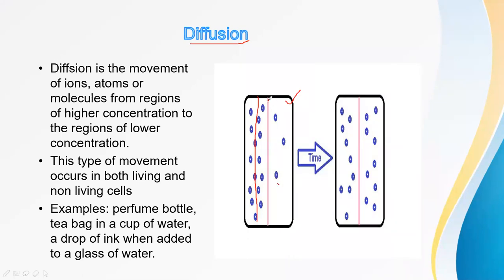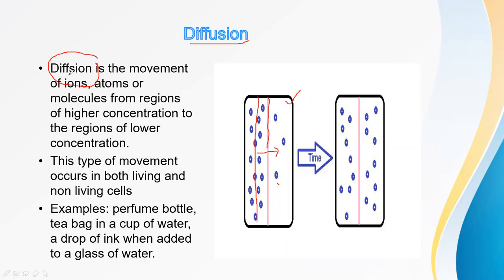The line you are seeing in pink color, just assume it as a barrier line. The movement of the molecules from high concentration to low concentration is what we call diffusion.